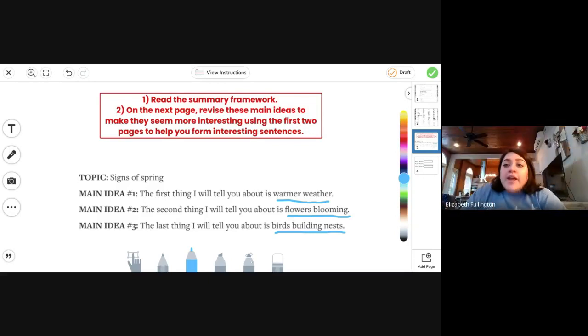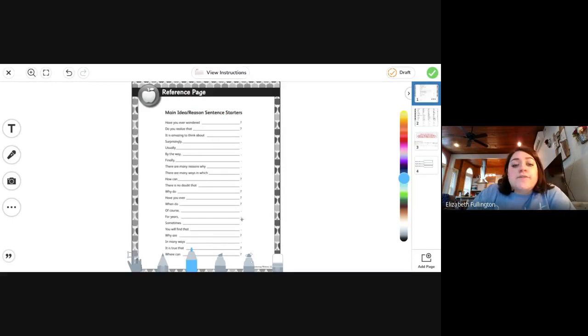Oh, the first page? So the first page is just for you to reference, which means it's just for you to look at, to help you form the sentences on page 4. Okay? So there's nothing you have to do on those. You just read them. And you can pick which one you want to use on the first page. Okay? All right.